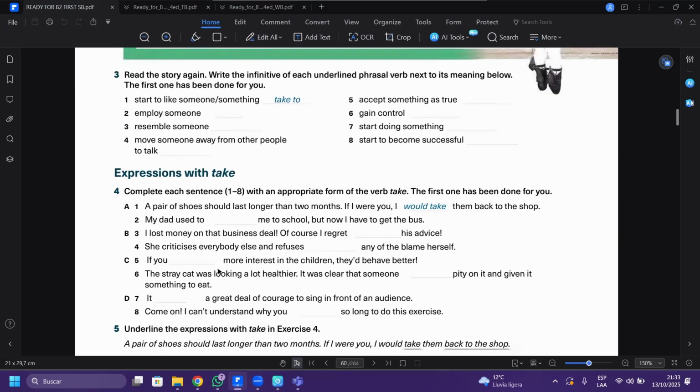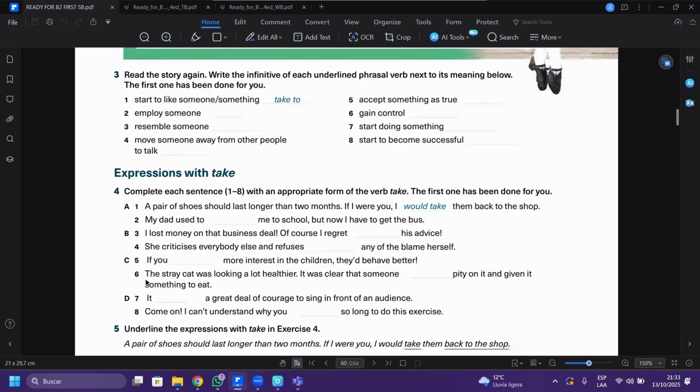Would have took or would have taken. Would have taken, right? Remember, taken, whenever we have the present tense, the perfect tenses, like the present perfect, the modal perfects or the past perfect, we have to use the past participle of the verb, right? So, it could be would have taken more interest.